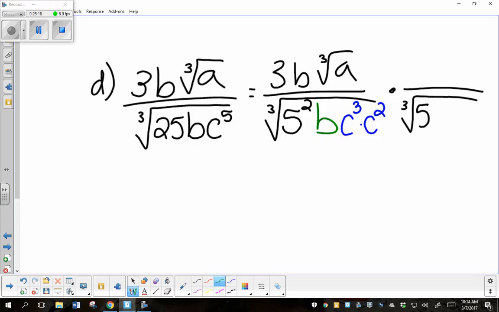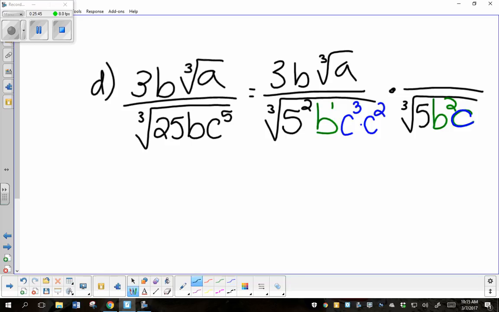How many more b's do I need to have a group of 3? Two more, right? This is a b to the 1, so I need 2 more b's. This c is already a group of 3, so it's good. How many more c's? One more to get to a group of 3. So we need to multiply by that on top and bottom.